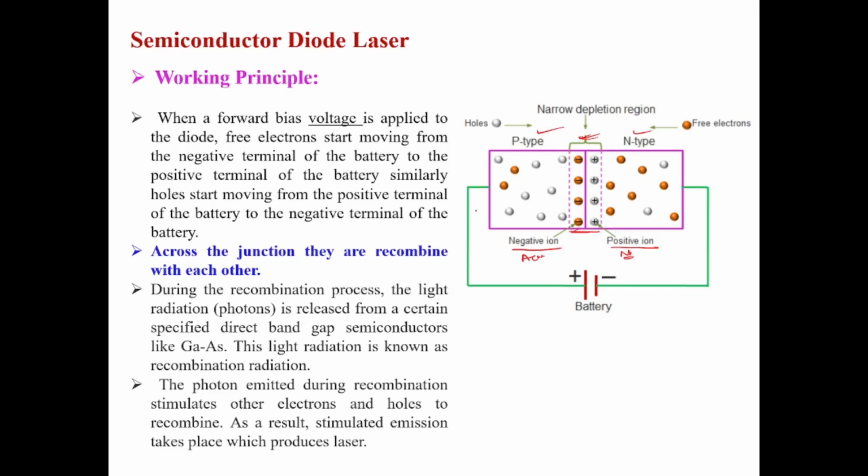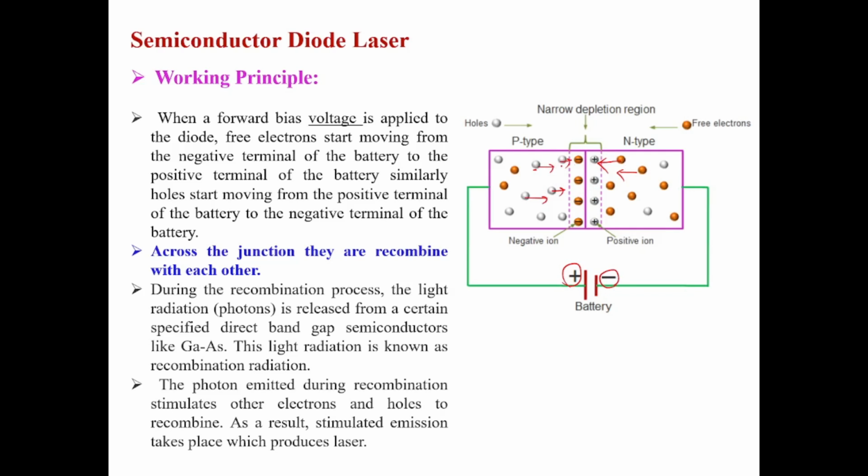When we apply forward bias, that means the positive terminal is connected to the P side and the negative terminal to the N side, then excess charge carriers, electrons, flow from this side to this side. Because this is negative, it repels the excess negative charges towards the junction. As this is positive, the holes, this white color, come from this side towards the junction.